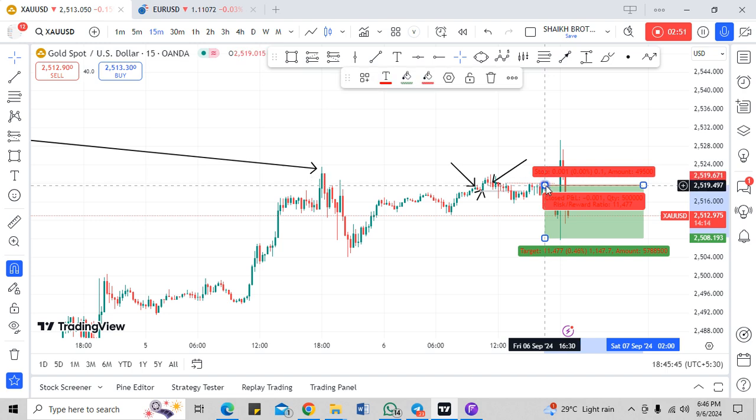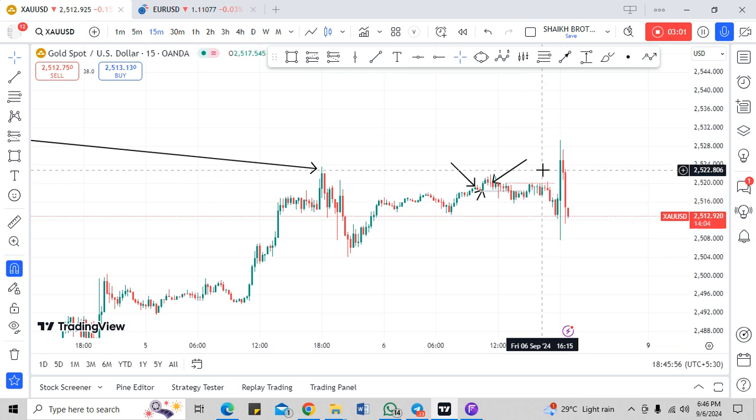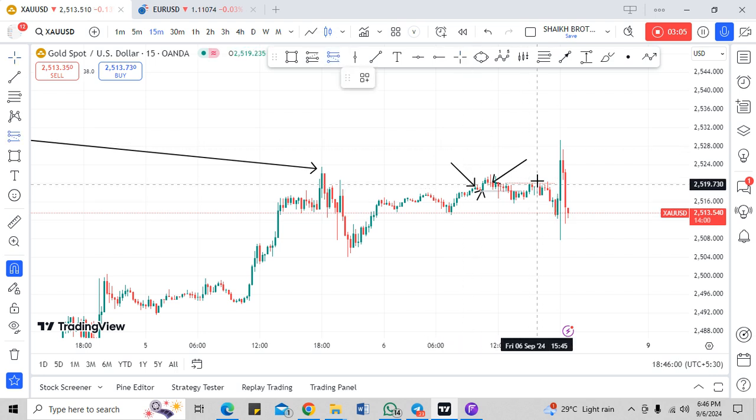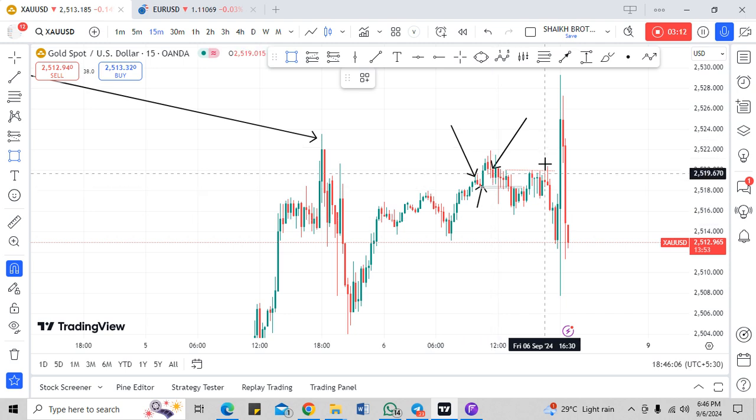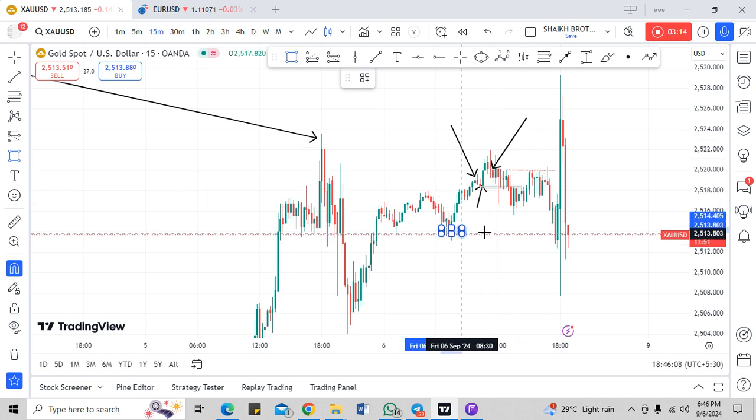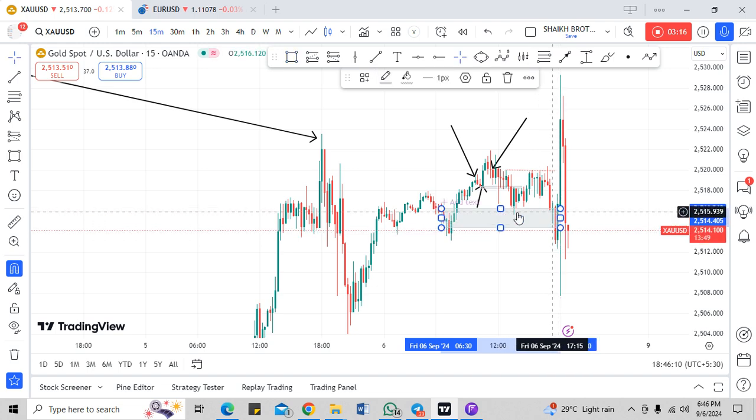All my trades have a fixed stop loss of 30 pips, or you can say 3 USD. So you can see after taking the trade, price boom.